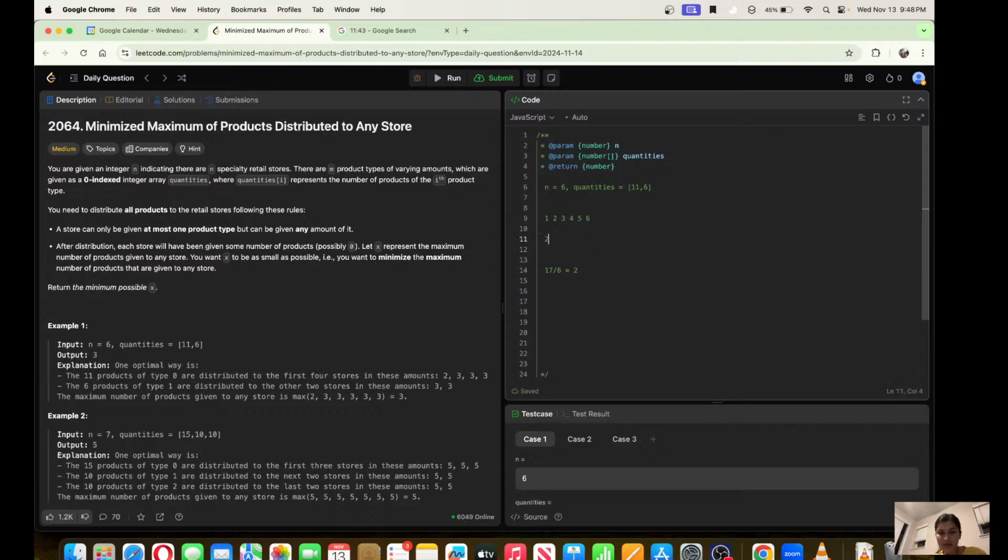So if I distribute 2 to each of 5 stores, that is 10, so 7 will be remaining, and I can give 7 to the last one. Or if I distribute 3, then it will be 6, then 5, then 4. Something like this, so I have to distribute all the products.